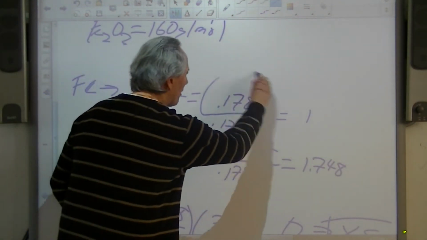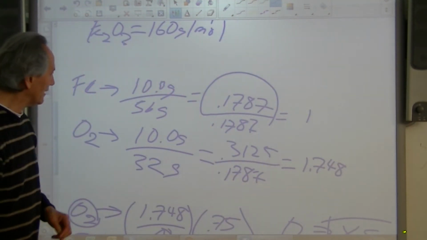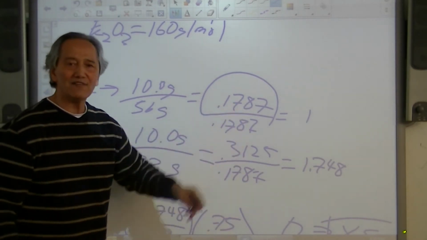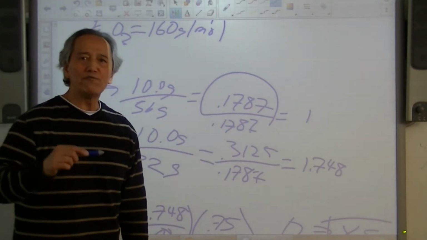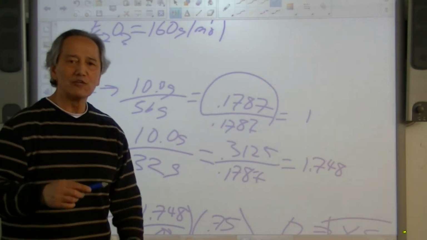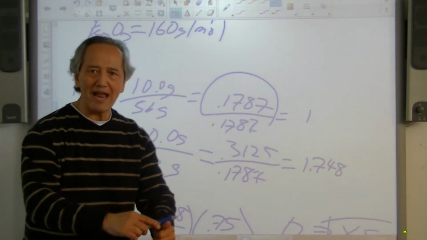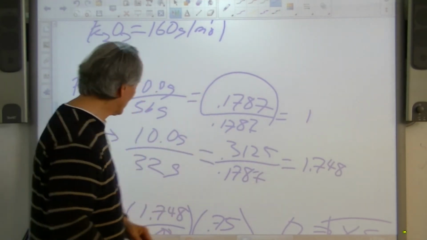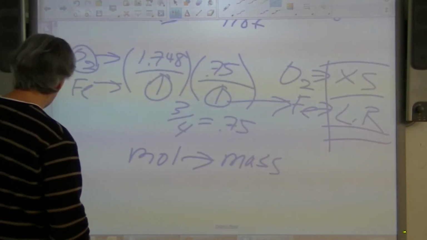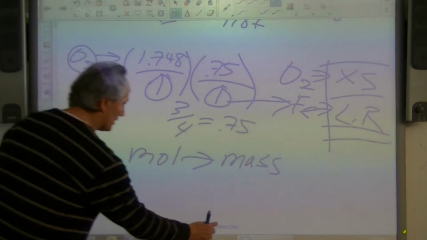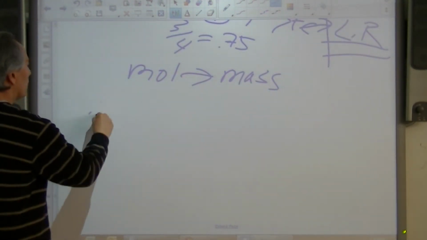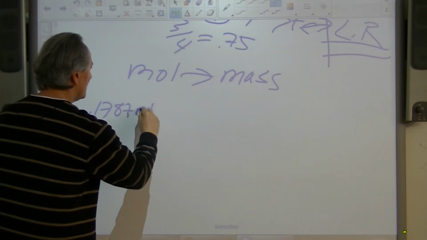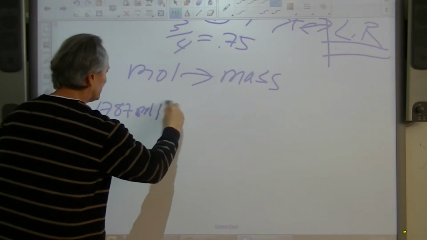Here is the mole value that we originally calculated based on the given, which was 0.1787. This particular mole value is the one we use for the next two mole to mass problems in completing this limiting reactant problem. So my first step is 0.1787 moles of Fe.